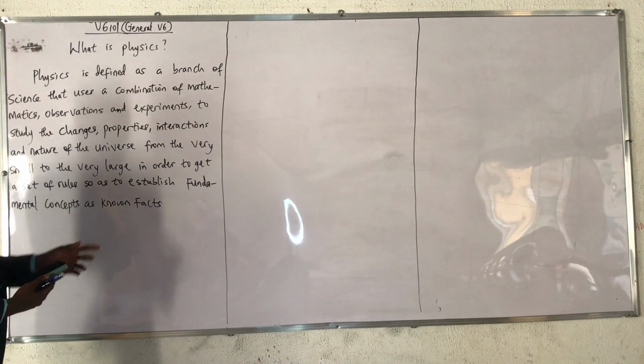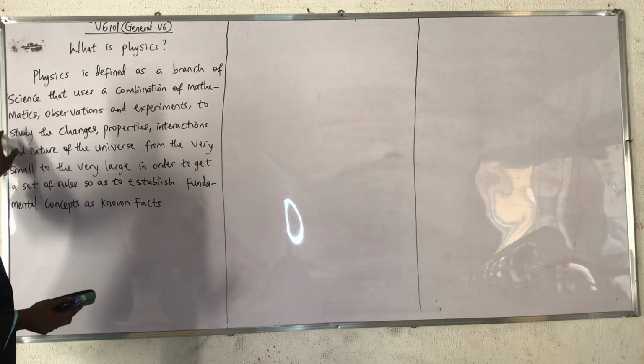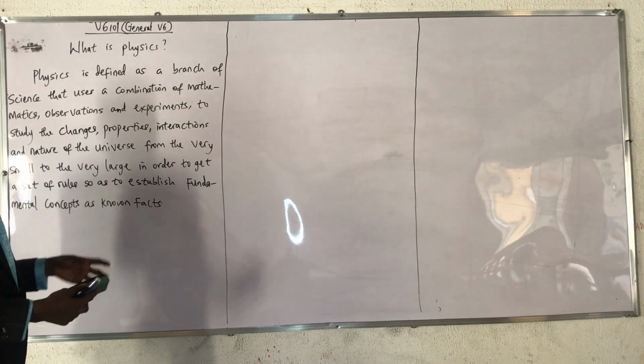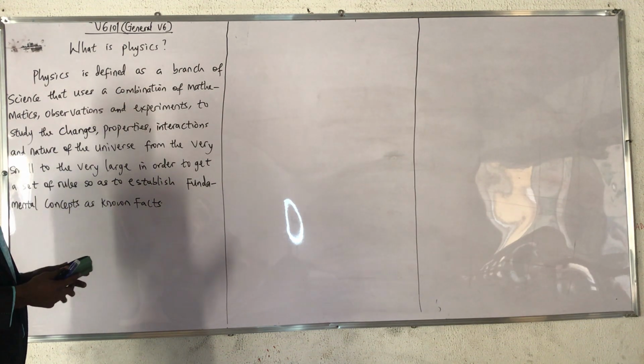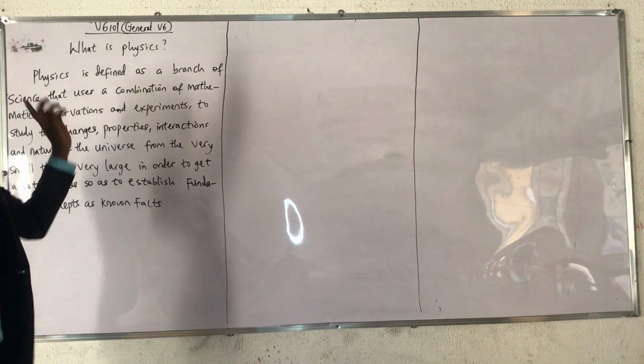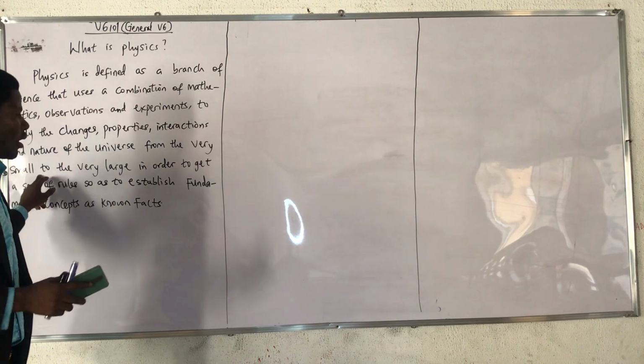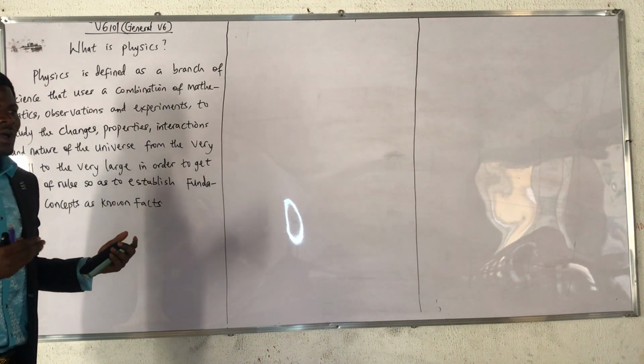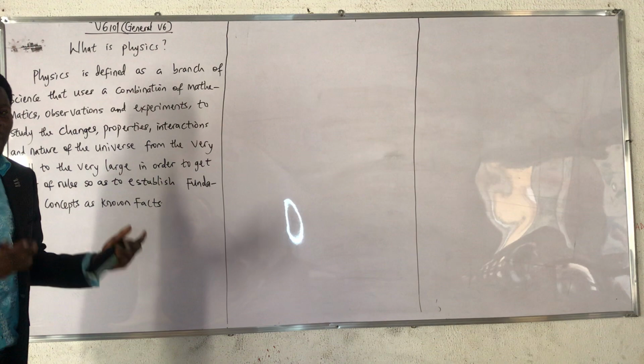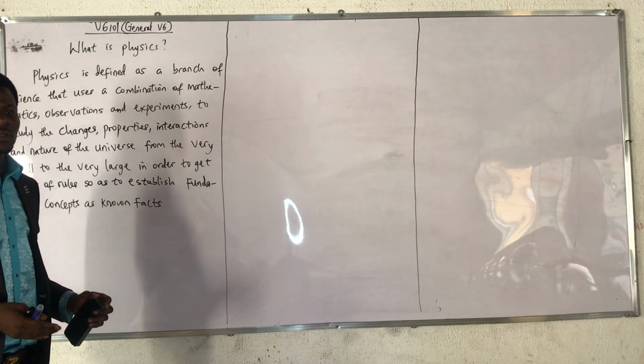It combines mathematics, observation, and experiment to study the changes, the properties, interactions, and the nature of the whole universe. From the very small, when we say very small, from atomic and subatomic particles, right?